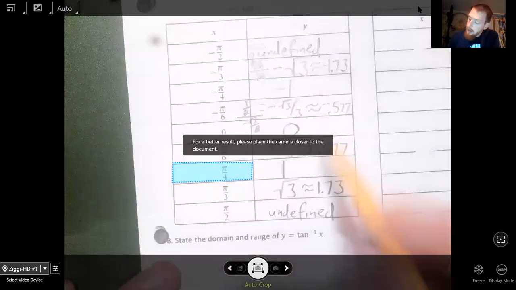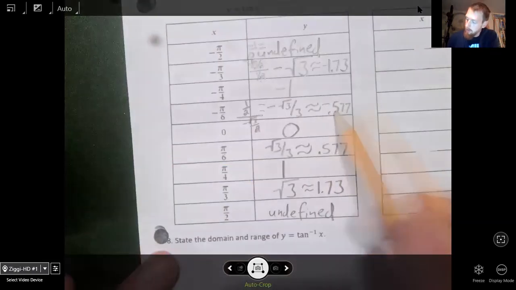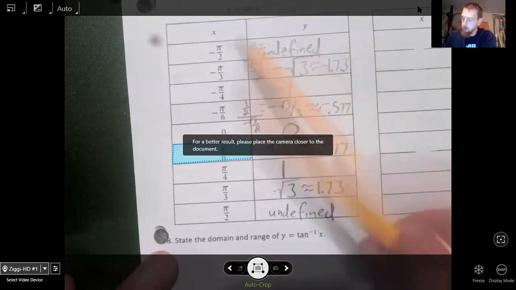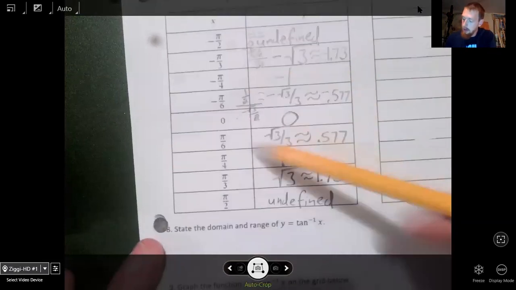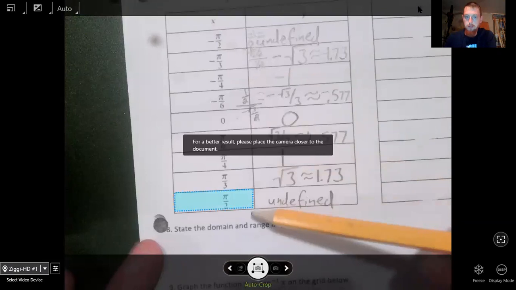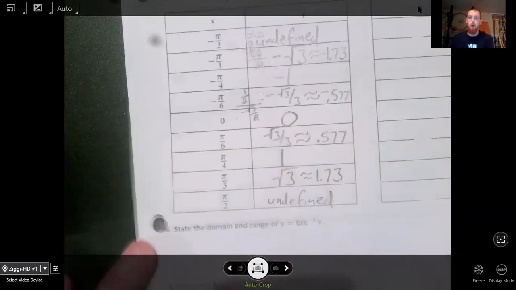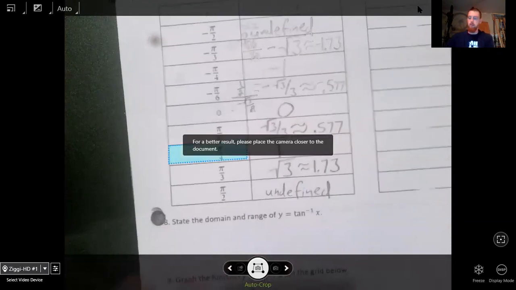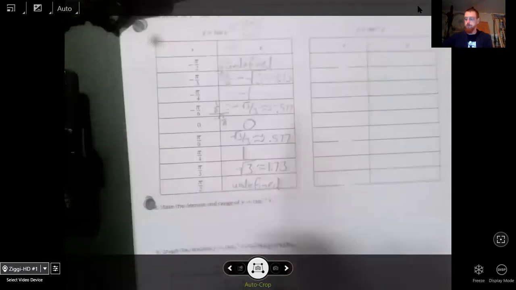So we end up with these values for the tangent of these angles. Then over here in quadrant 1, you end up with the same values, except in quadrant 1, tangent is positive because all three trigonometric functions, sine, cosine, and tangent, are positive in quadrant 1.